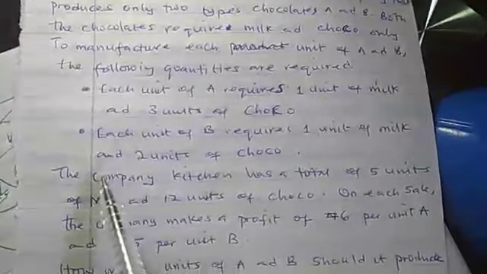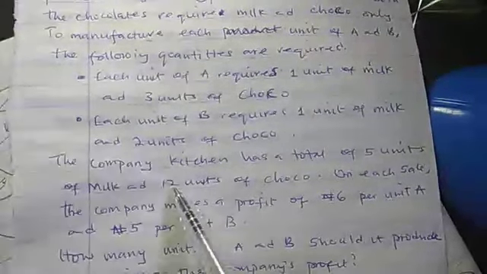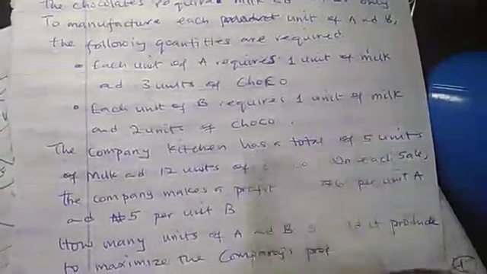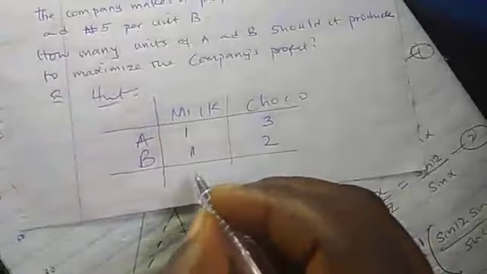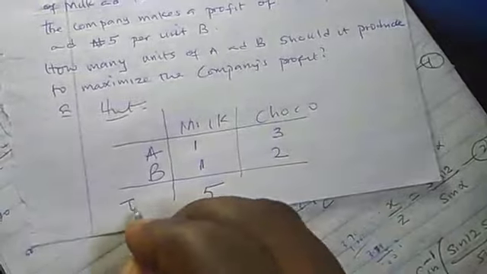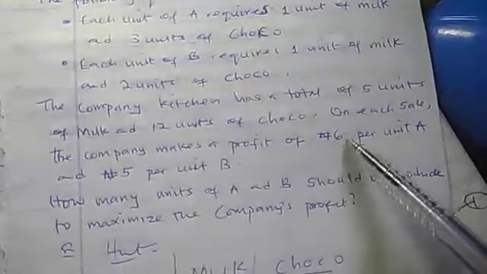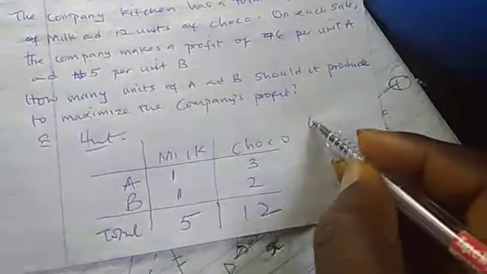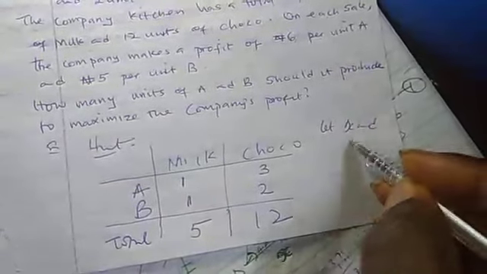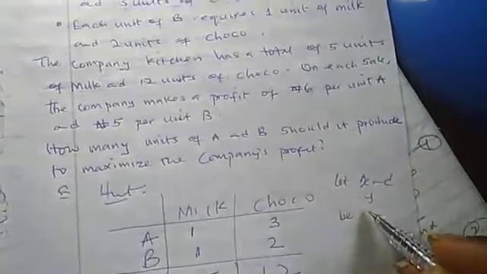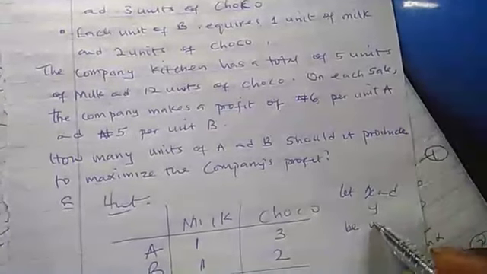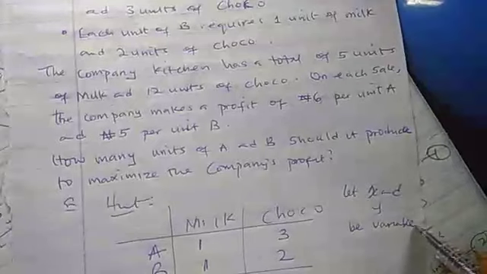And we have been told that the company has a total of 5 units of milk, 5 units of milk total, and 12 units of choco. So what do they want to maximize? They want to maximize this, 6 of A and 5 of B. So we only need to say that let X and Y be decision variables.